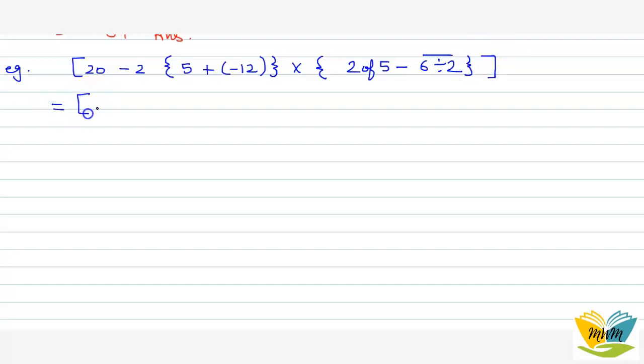Now we will start with the vinculum symbol. This we will write as it is, 2 of 5.